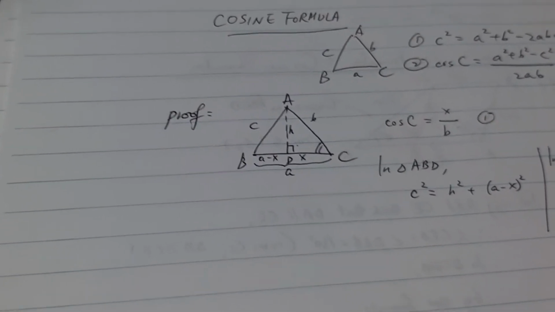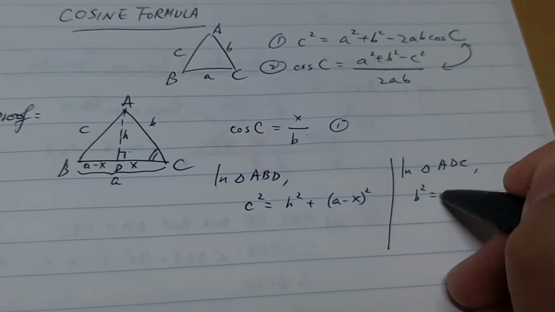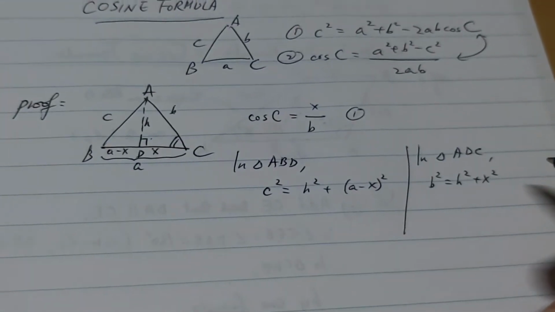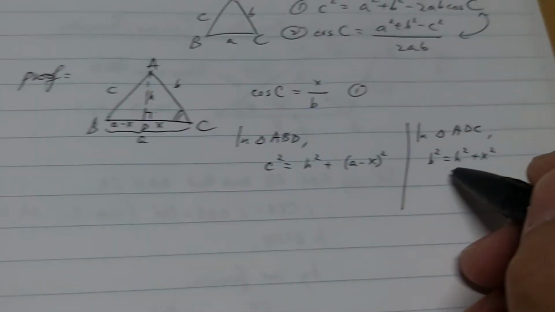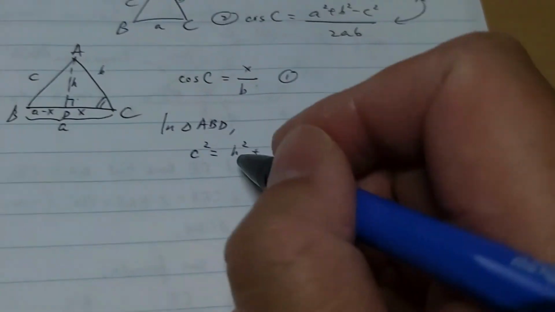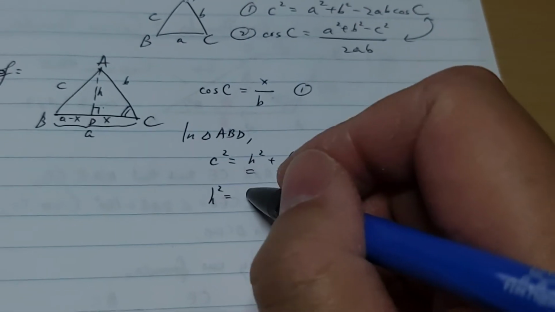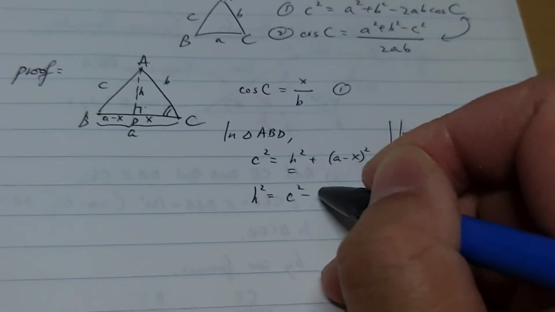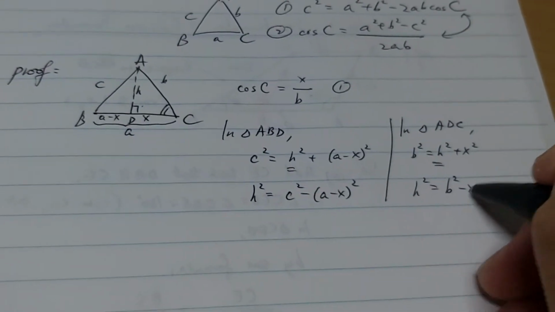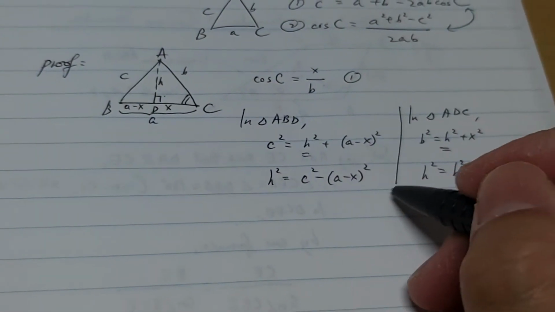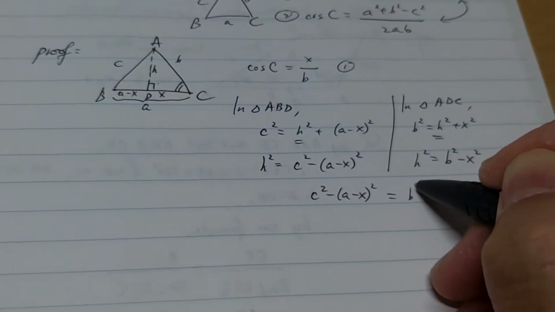In triangle ADC, b squared is h squared plus x squared. So what do they have in common? h squared. So we can express h squared. This is c squared minus (a minus x) squared. h squared is b squared minus x squared. So they must be the same.